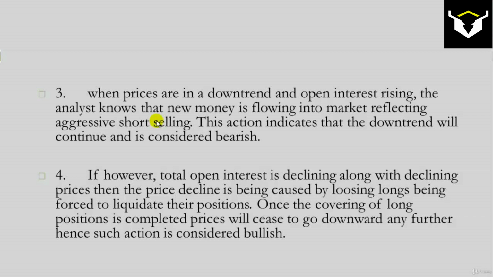Every time prices make a new low, a new set of short selling comes. More and more people are selling into the future contract, or more and more people are creating short positions in the contract. This tells us that this downside move is strong and will continue to go downside.